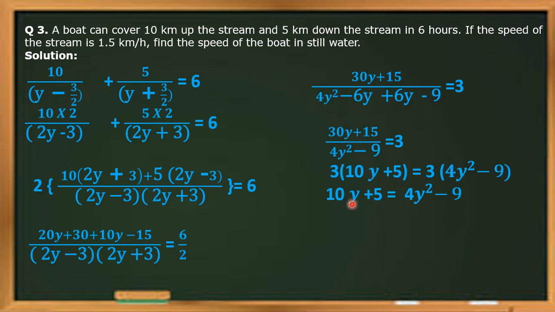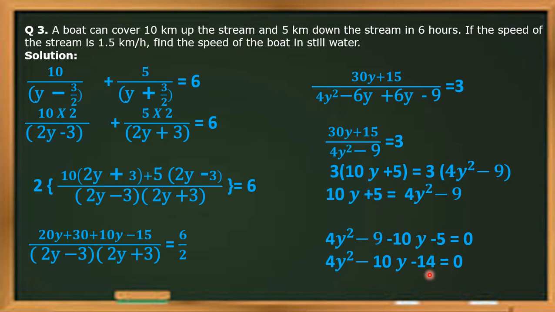Now by taking the terms to one side, we have to make the other side equal to 0, because we are finding the quadratic equation for the given problem. So it can be written as 4y² − 9 − 10y − 5 = 0. Or we can say 4y² − 10y, and now minus 9 and minus 5 becomes minus 14.